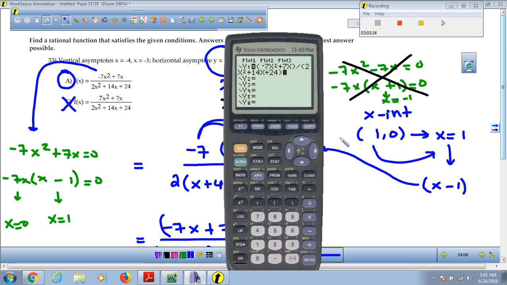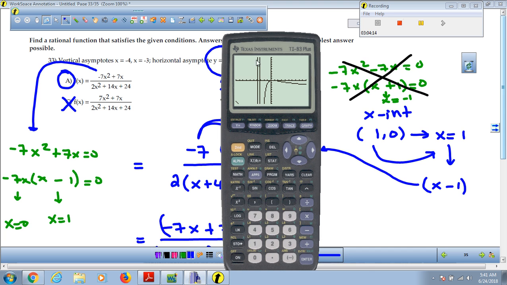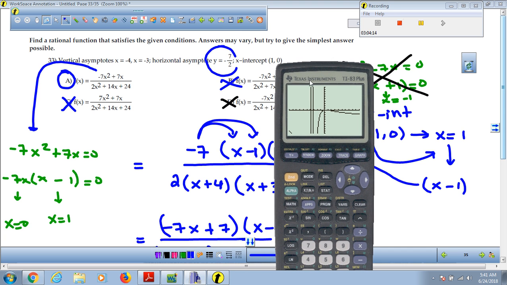Vertical asymptotes at negative 4 and negative 3. Okay, you can see them right there. Horizontal asymptote at y equals negative 7/2. So at negative 7/2, there has to be a horizontal asymptote. We don't see it, but there's a piece over here of the graph.